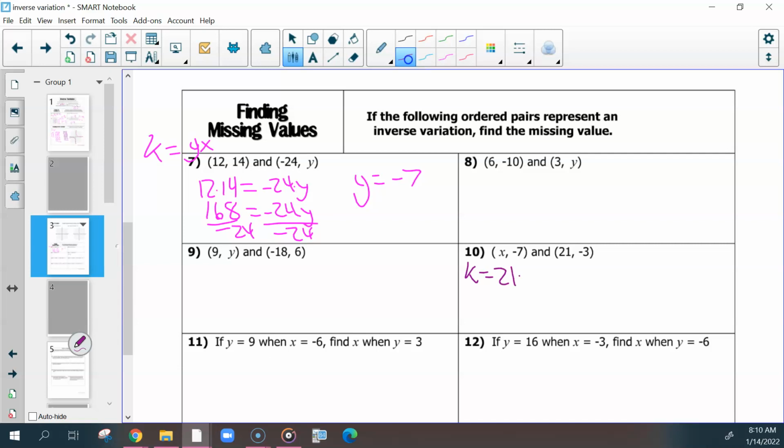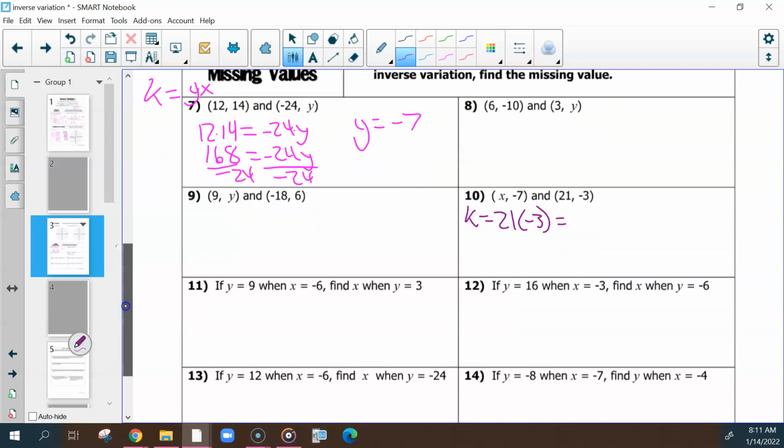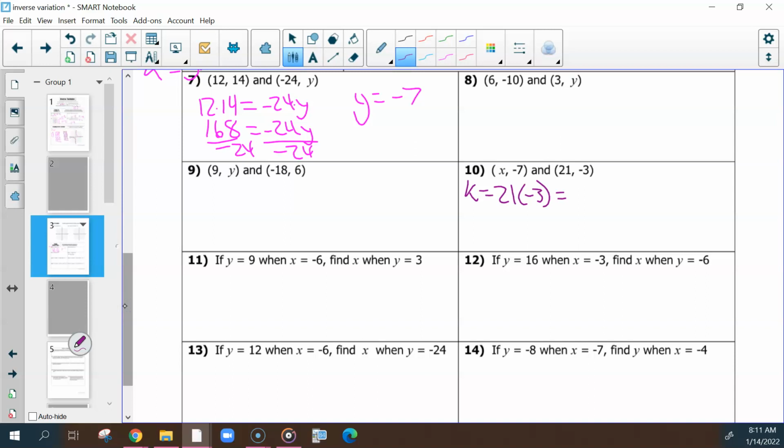So 21 times negative 3. Negative 63. So that would be our k value. We could write our equation, y equals negative 63 over x.